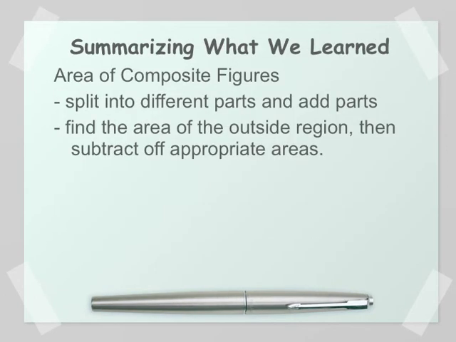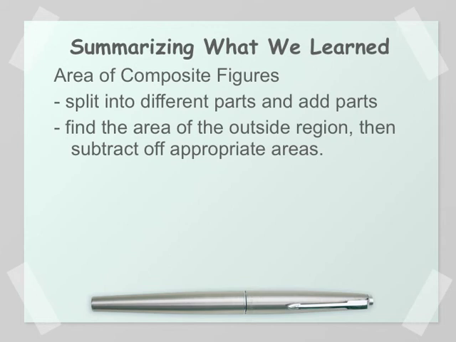So let's summarize what we've learned. There's 2 main approaches when you have composite figures and you're finding the area. One, you could split it into different parts and add the parts together. And 2, you could find the area of the outside region if it's convenient and subtract off the unshaded or the inappropriate areas. And you know what?